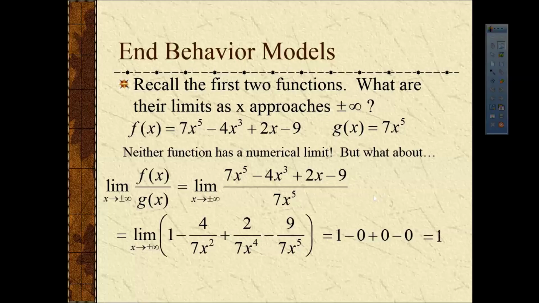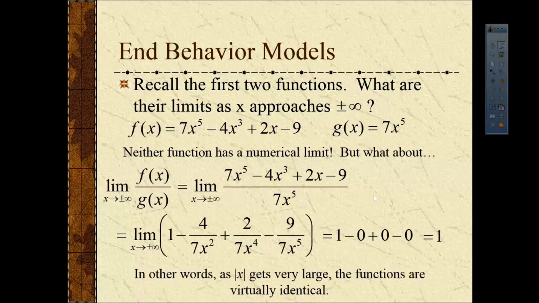What this is saying is that for large x's, whether they be positive or negative, as x gets very large, the functions are virtually identical. Comparing them with division produces nearly the same thing over itself. That's why we got a 1 for that limit.